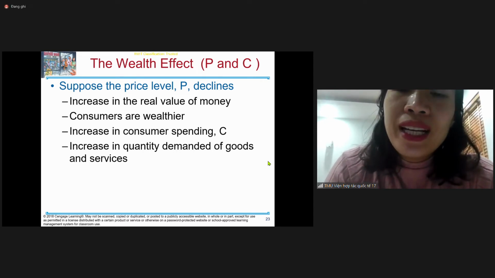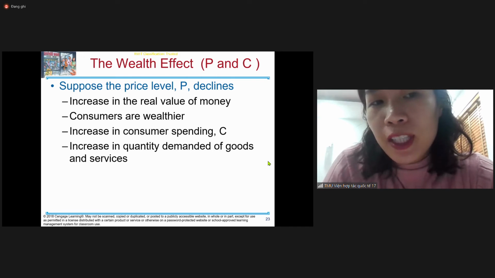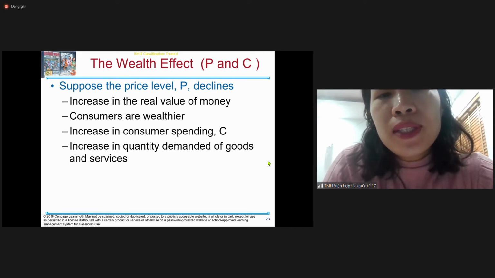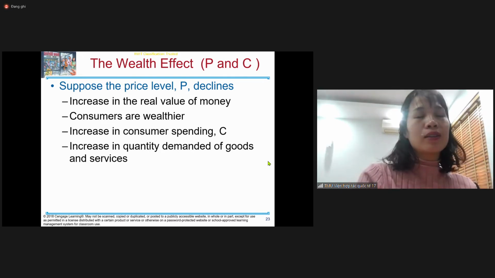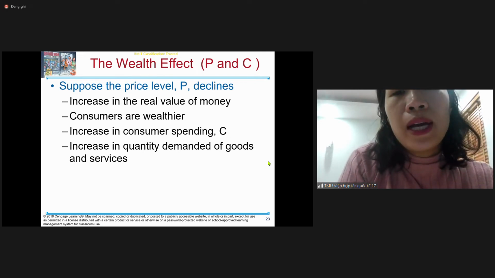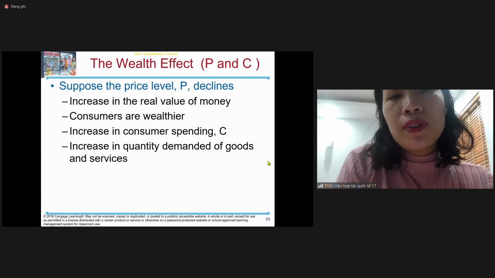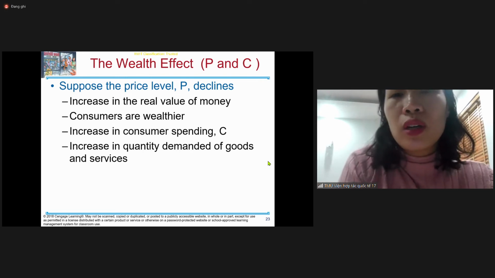Real value of money means the value that can be used to buy goods and services, right? So when we see an increase in the real value of money, that means the price fell. We have the same amount of money, but now we buy more goods and services. And when you can buy more, you become a bit wealthier, a bit richer, right?